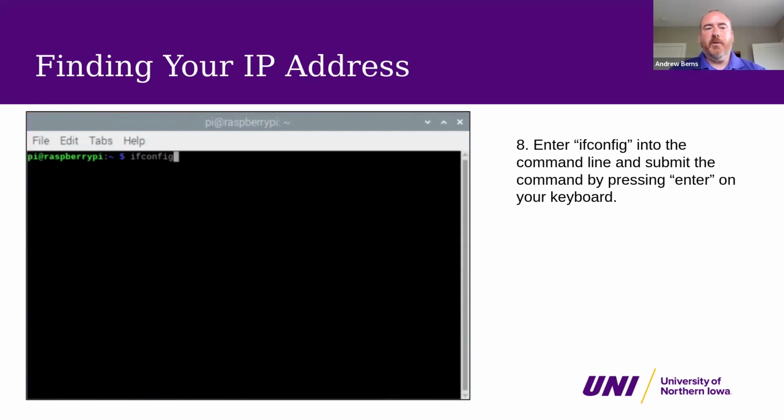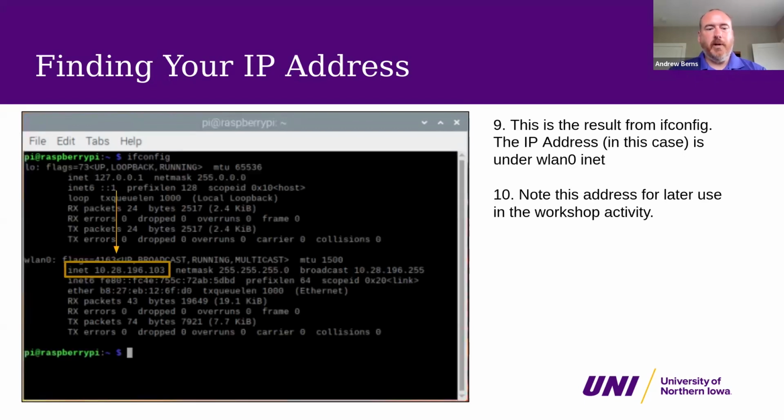It stands for interface configuration, and it's going to give us information about the network interfaces for this particular Pi, including the wireless connection that we have with the hotspot or with your access point that's going to allow us to SSH into it.